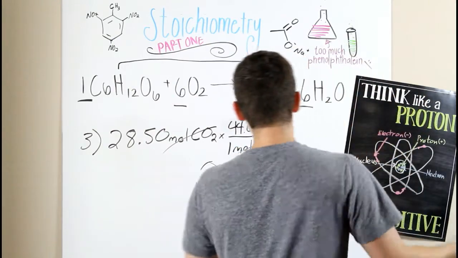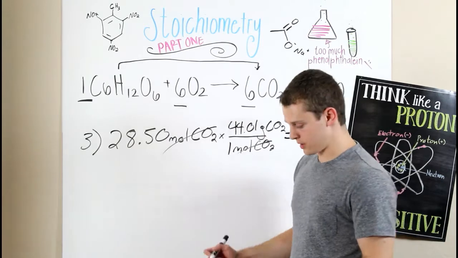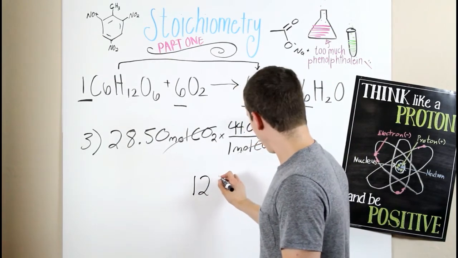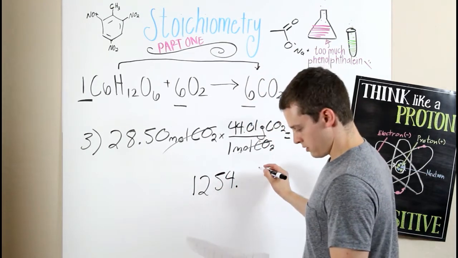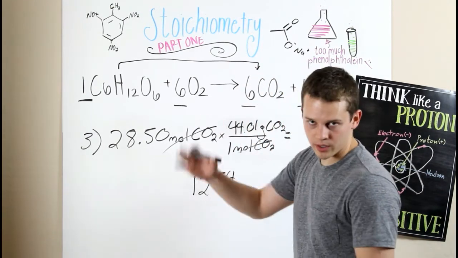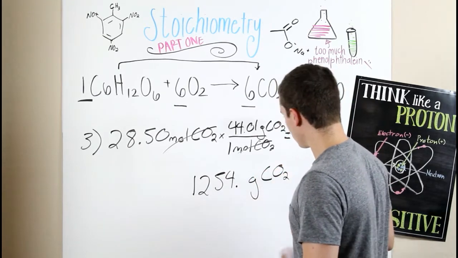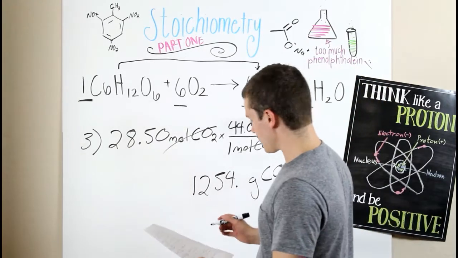Now that we have this, we're going to get to our final answer in this case of 1,254 with the decimal place there. It's for significant figures, so that'll be in another video. Grams of CO2. Now, if we don't like it that way, we can put this into scientific notation.